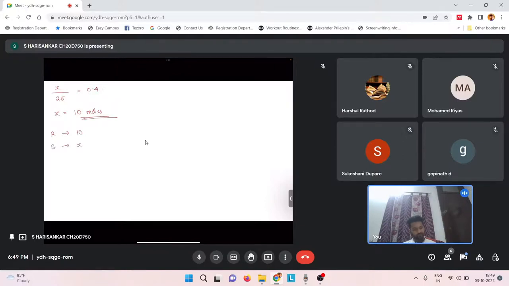Then S is also X, which is 10 moles. Then A will be 12.5 minus X. Sorry, this is not 10.